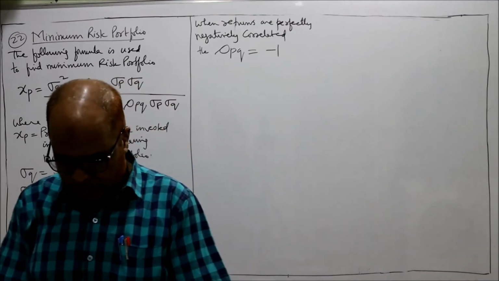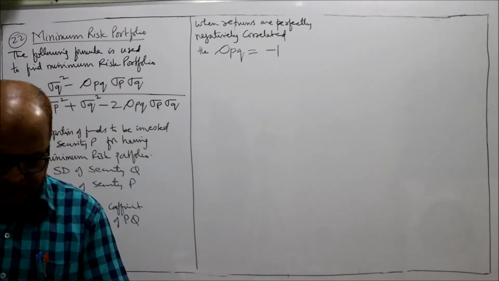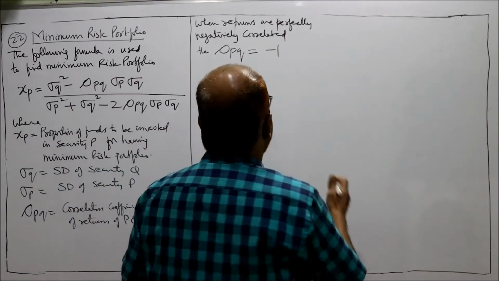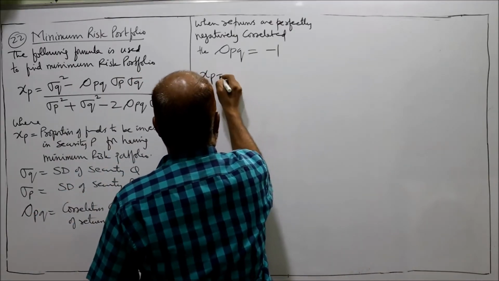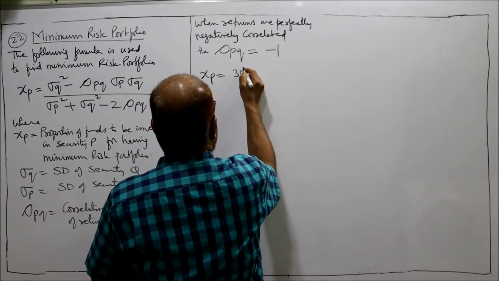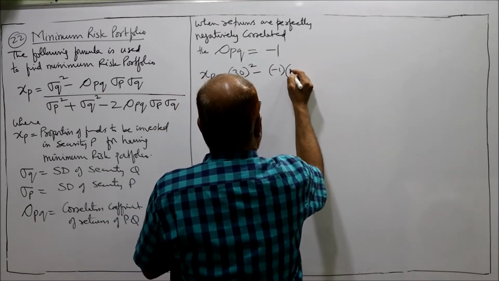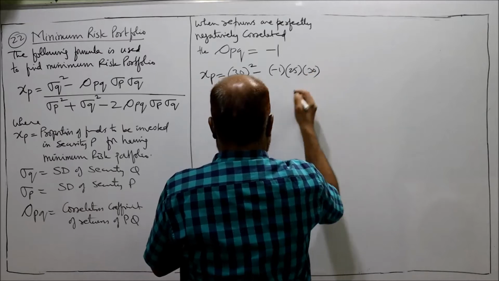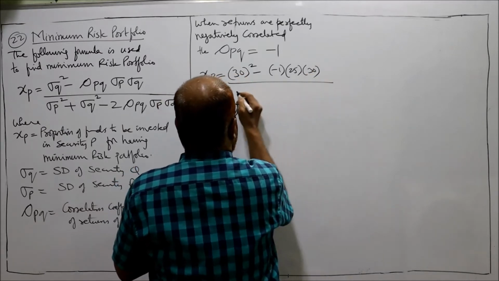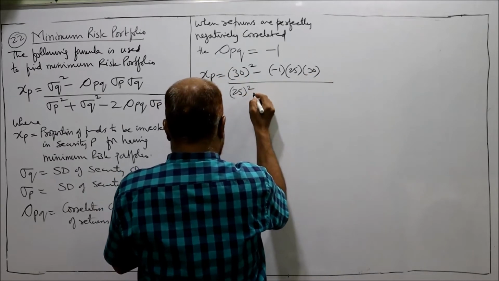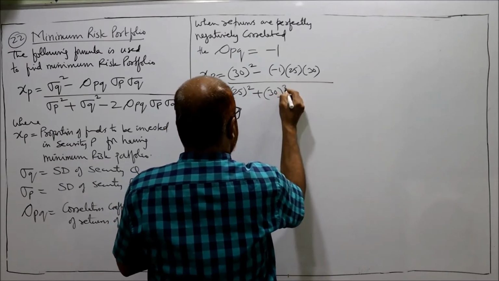Just now I told you rho PQ is minus 1. Now XP is equal to 30 square minus 1 into 25 into 30 divided by 25 square plus 30 square.